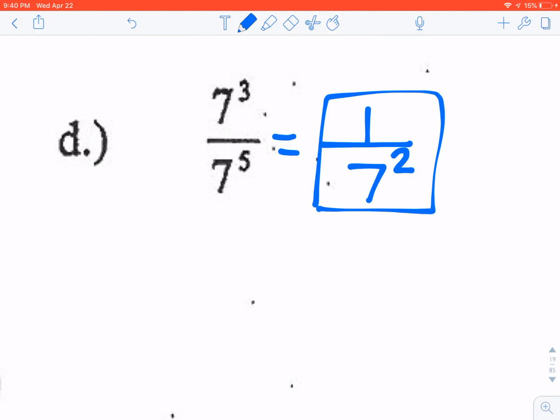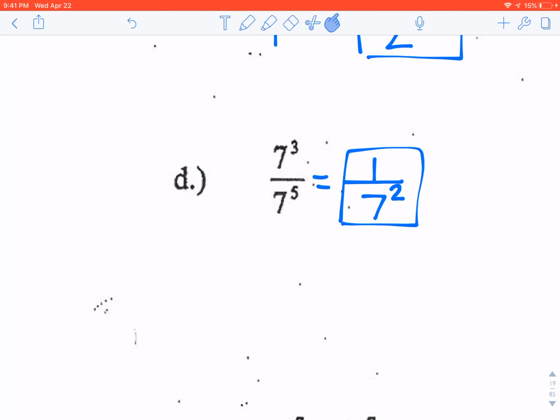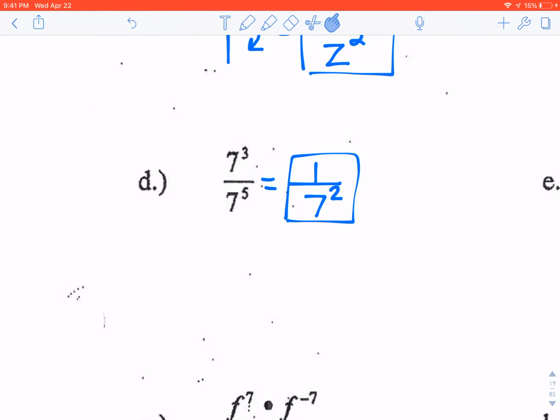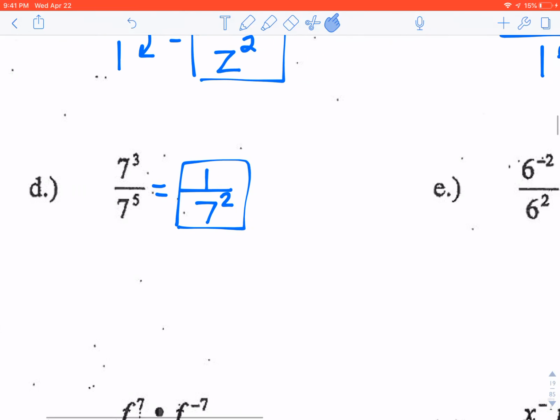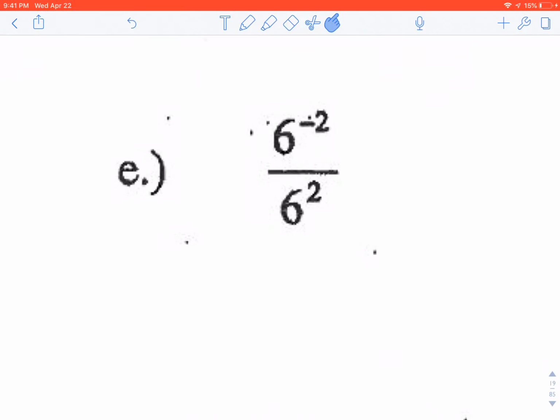So you would have 1 over 7 to the second. You will see some other properties thrown in, because when I start to mix up the exponent properties, you want to make sure you're familiar with all of them.